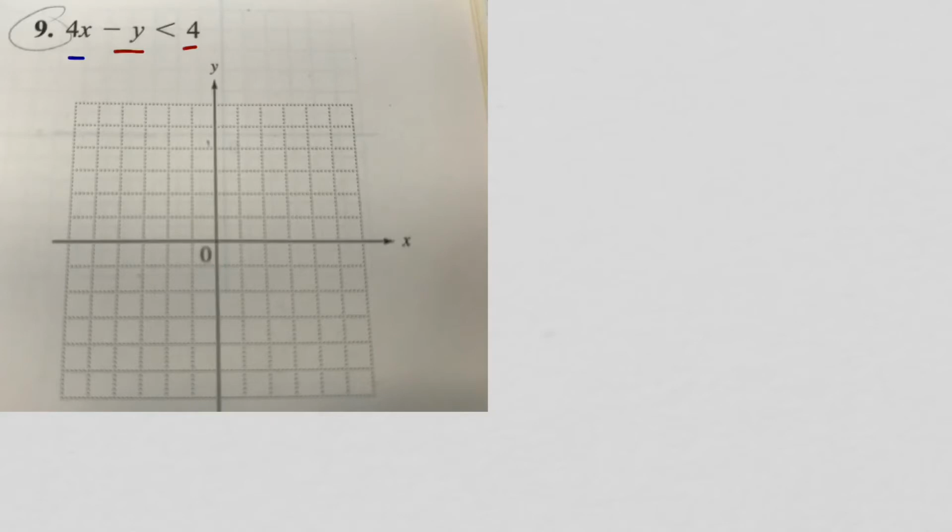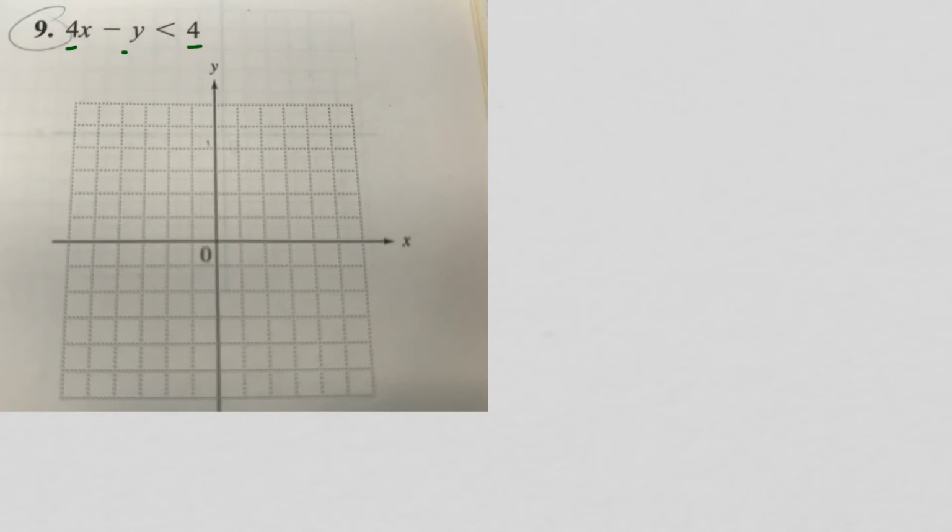My y is equal to -4. And my x is equal to 1. And so when I graph this, I'm going to graph a dashed line because there's no equals. And I'm going to use a straight edge.